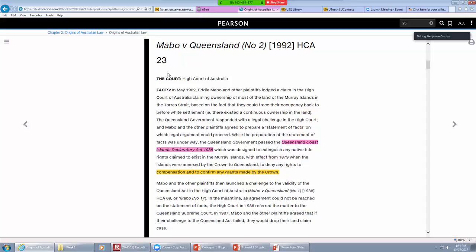And native title rights claimed to exist in these islands were annexed by the Crown to Queensland. So what are they saying? They're saying, even if you have ownership rights, we have the right to extinguish those rights.